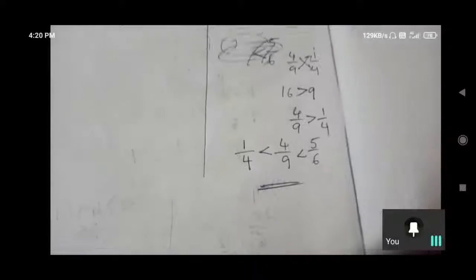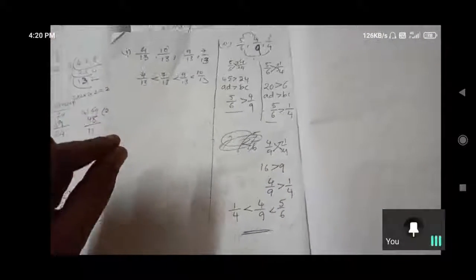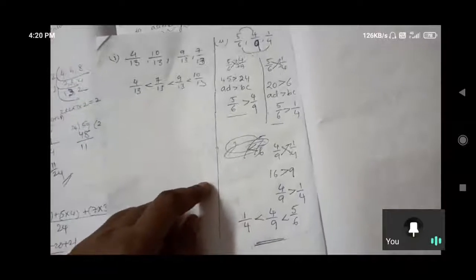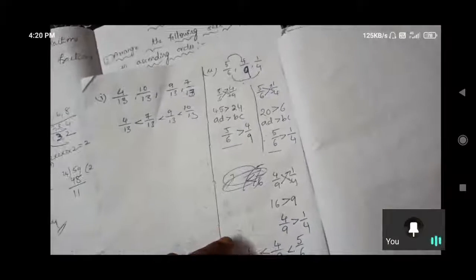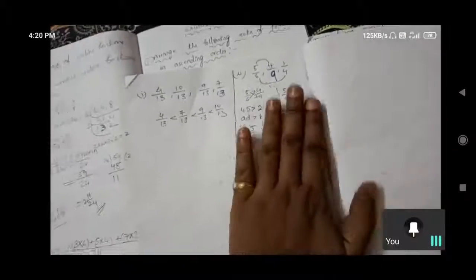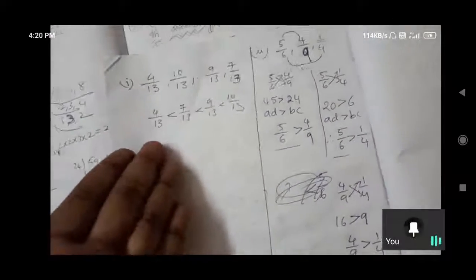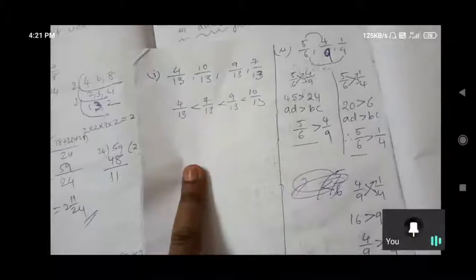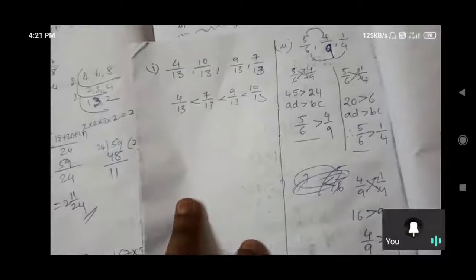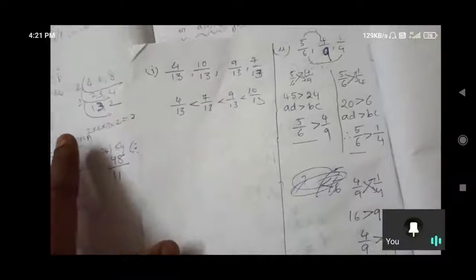Are you able to do problems like this? Only in the case of unlike fractions with different numerators is it somewhat critical. The remaining all you can easily compare. Like fractions you can easily compare, and unlike fractions with the same numerator you can easily compare.